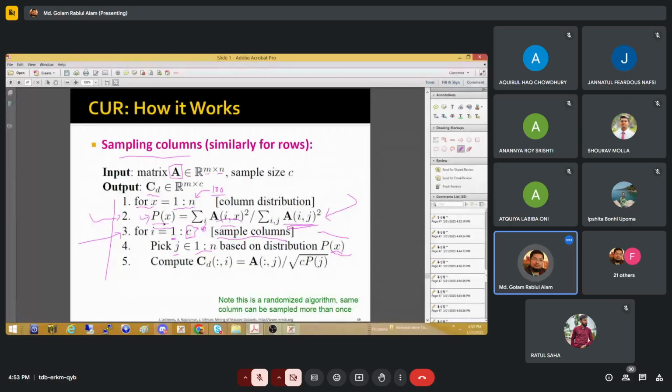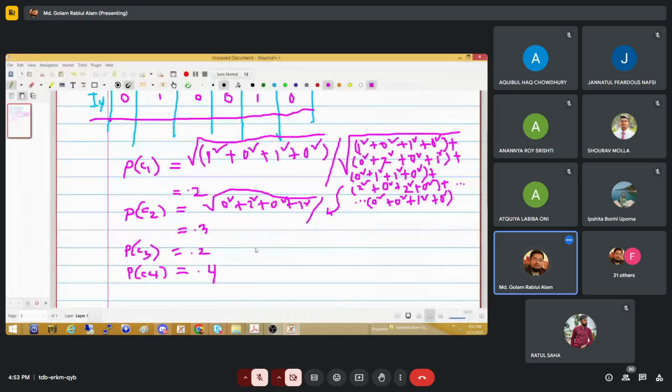We have the distribution, but how can we select j based on it? This is kind of an abstract thing, and we need to explain it a little more. There are some ways to pick j from this distribution, but one way we can think about.